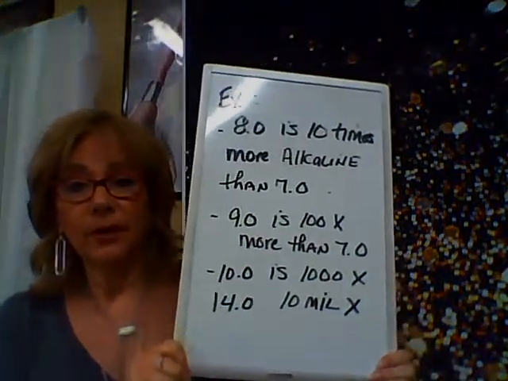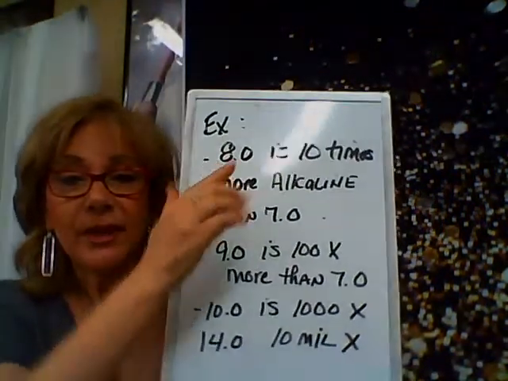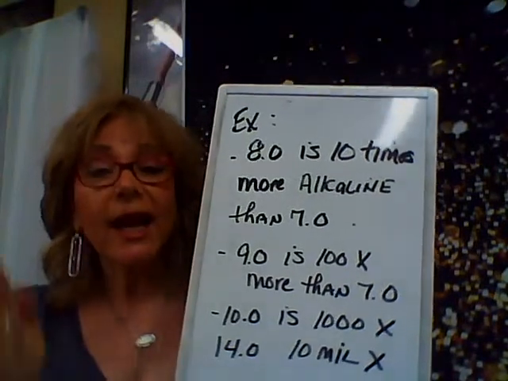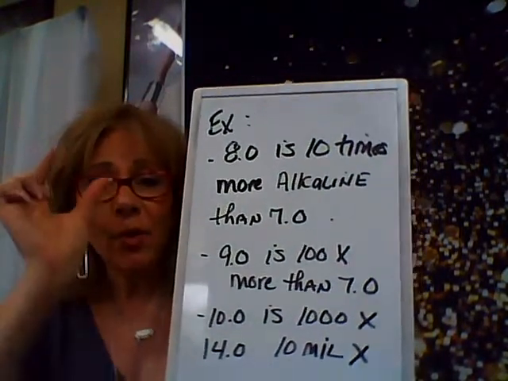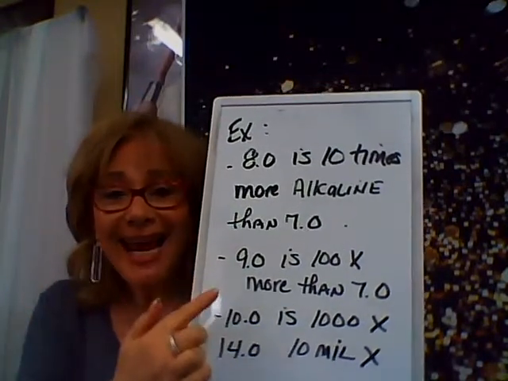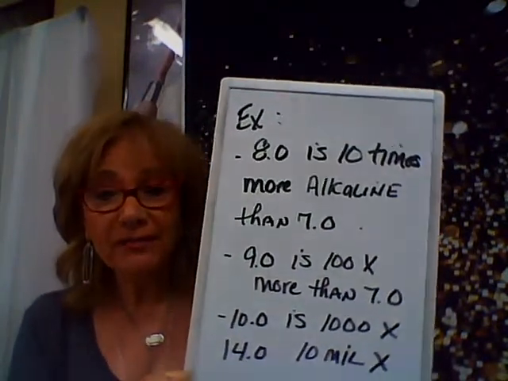Okay, so let's discuss this in a lot of little detail here. From the right side of the scale, from 7.0, which is neutral, every time you go up one number, 7 to 8, it's a multiple of 10.